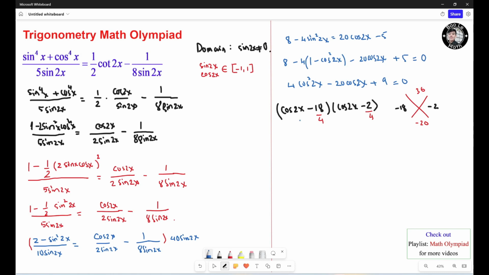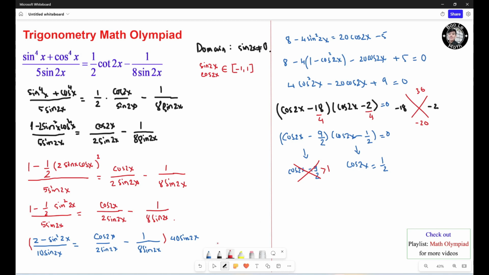So it becomes (cos 2x - 9/2)(cos 2x - 1/2) = 0. So cos 2x = 9/2 or cos 2x = 1/2. We know the range of sine and cosine is -1 to 1, so 9/2 is bigger than 1 and we eliminate it. It is not a solution. We only pick cos 2x = 1/2.